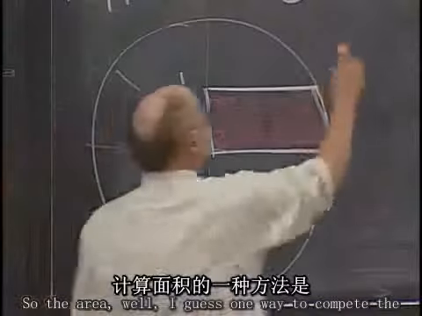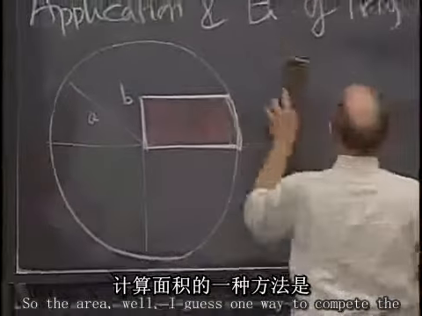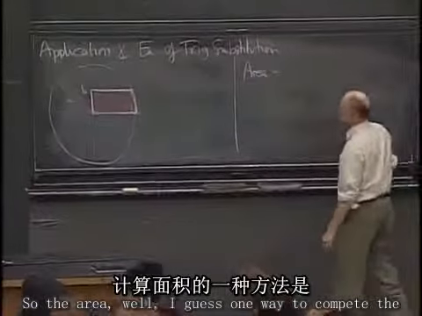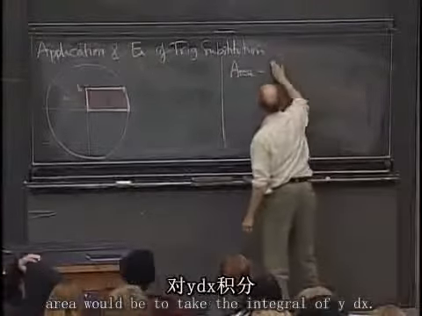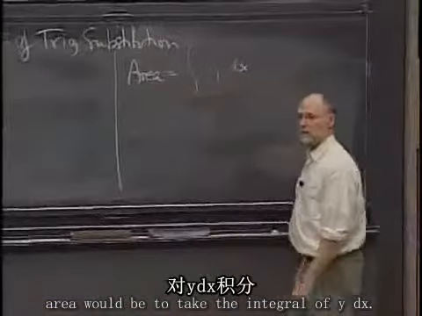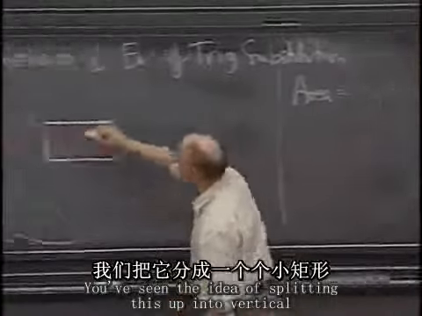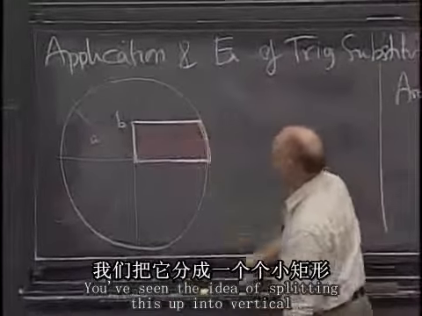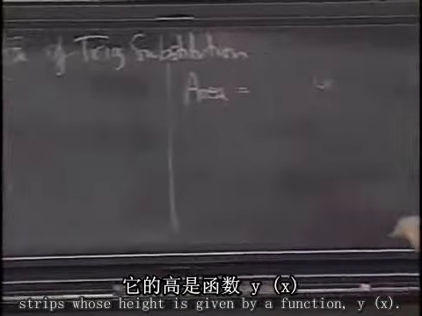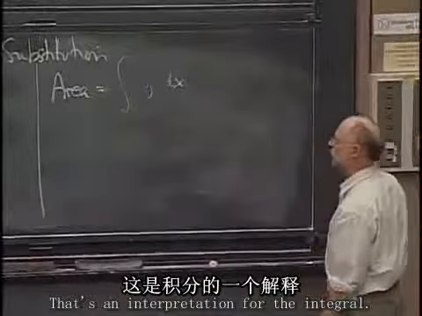So the area, well, I guess one way to compute the area would be to take the integral of y dx. I think you've seen the idea of splitting this up into vertical strips whose height is given by a function y of x, and then you integrate that. That's an interpretation for the integral.